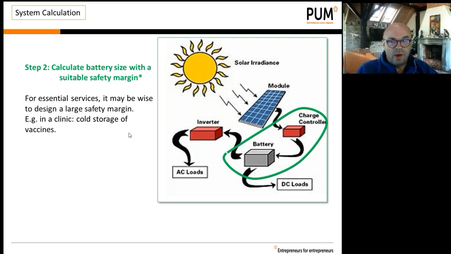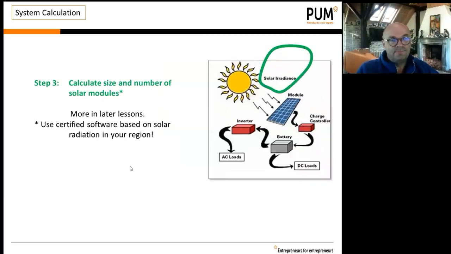But it's very wise to include a safety margin, especially if you really need the energy, like for cold storage or storage of vaccines. It's very important to include a buffer. So calculate, for instance, twice the system you need, with more batteries and more modules. Coming back to that later.